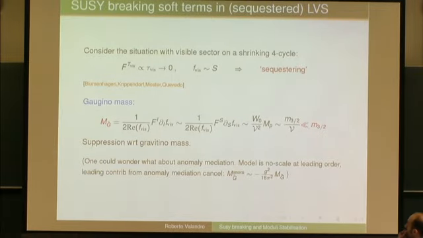Let's go to a nice situation in which the F term for the Kähler modulus is relative to the visible sector. What I mean is that roughly speaking we have a brane wrapping this four-cycle, and this four-cycle is what I call the visible sector four-cycle.